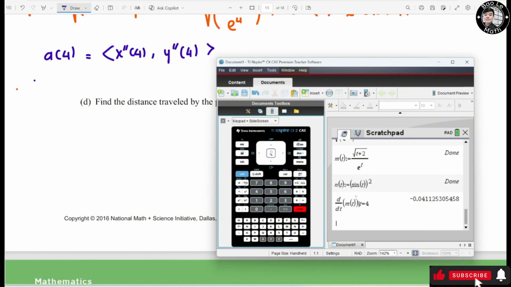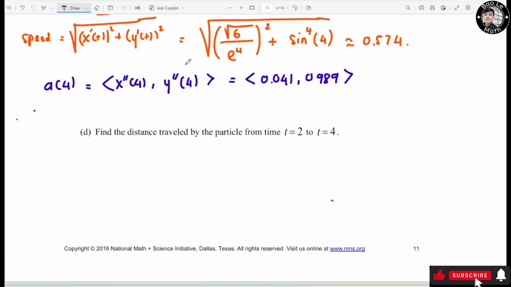It's gonna be right here. Now I do exactly the same thing for n of t. Ctrl Enter. So it's gonna be negative 0.041 and 0.989.